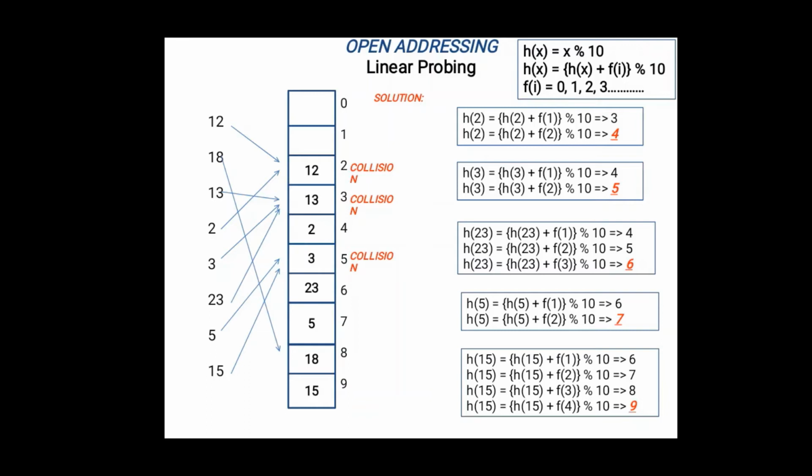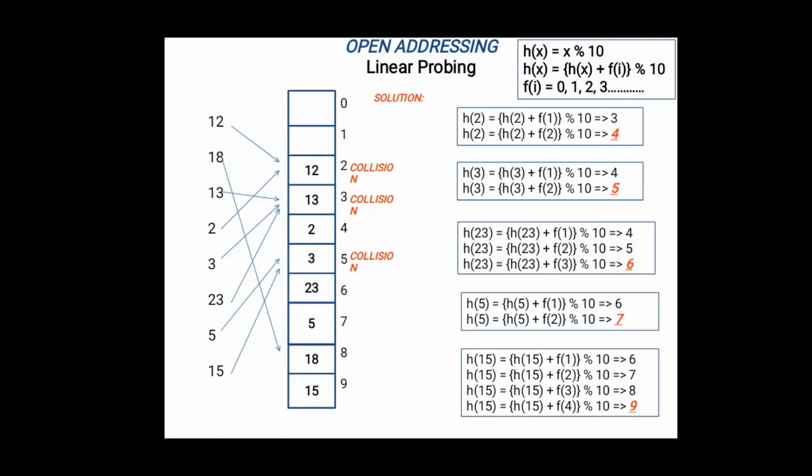Since 6 is occupied, we need to search again. So h of 5 is equal to (h of 5 plus f of 2) mod 10, which is 7. So here we go, we put key 5 at table index 7.